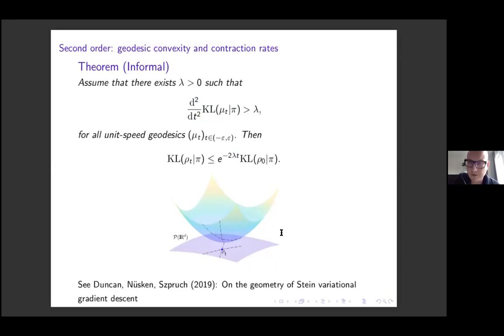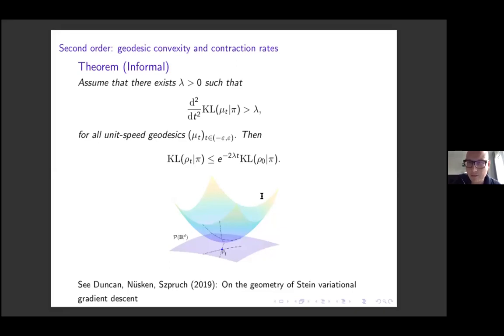But I will not say more here because I will say more about this later. But this is a general idea in this type of field and of gradient flows, how you could go about understanding some of the properties of this.